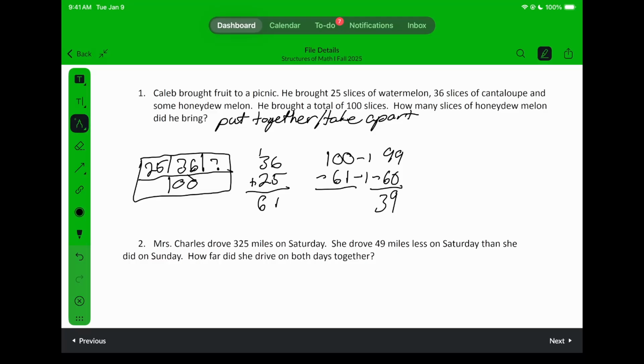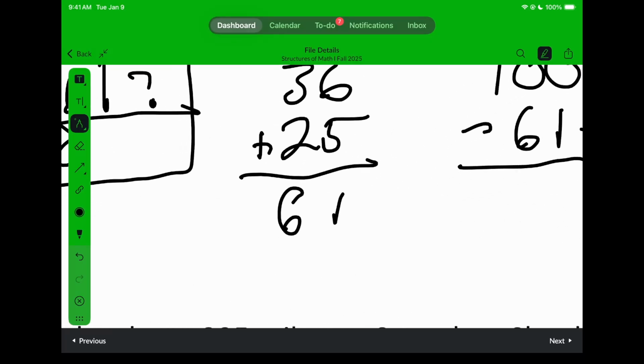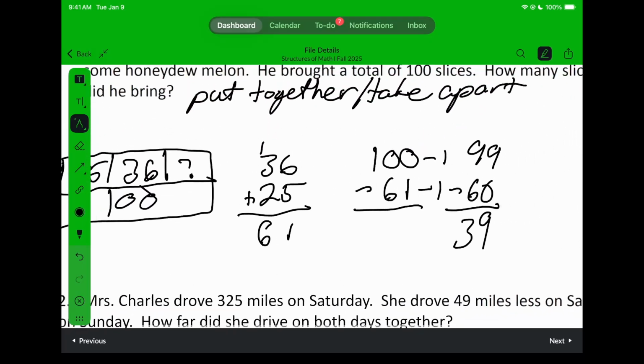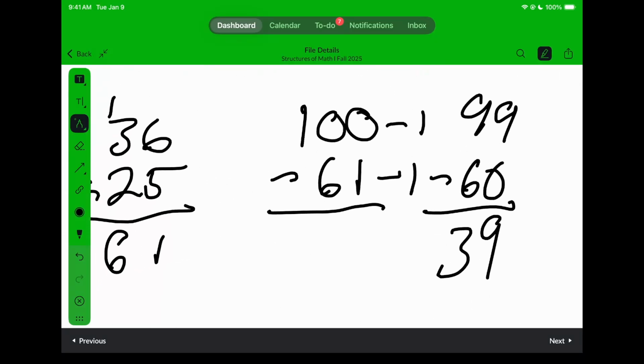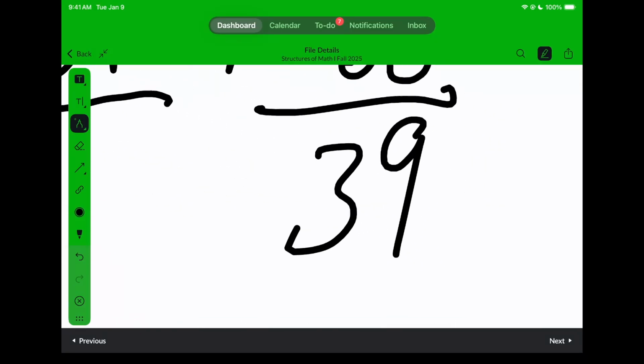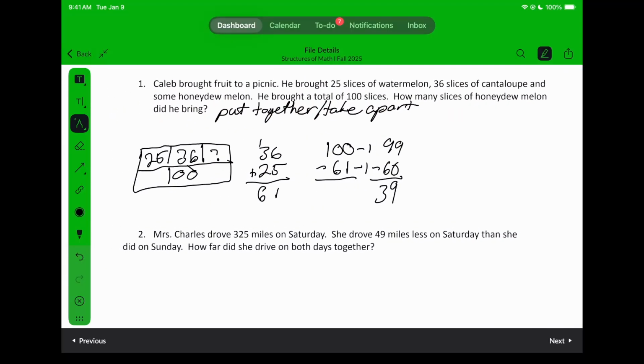And that's our final answer. So we add up what we know, right? We add up the total slices of watermelon and cantaloupe, gets us our current total without honeydew. Then we take the actual total minus the watermelon and the cantaloupe to get the amount of slices of honeydew. And then we still need our sentence.